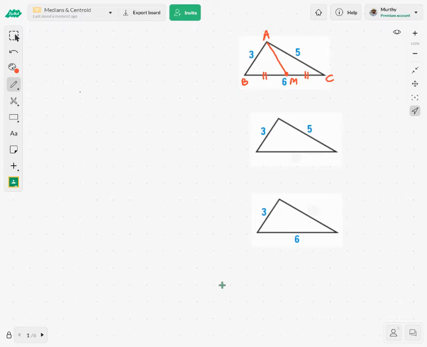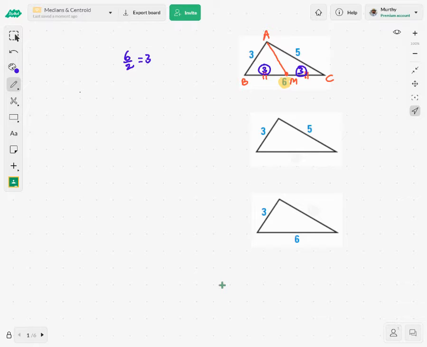You see that the length of this side is given as 6 units. Therefore, if that is divided into two equal halves, 6 is divided into two equal halves, we get each piece as 3 and 3.